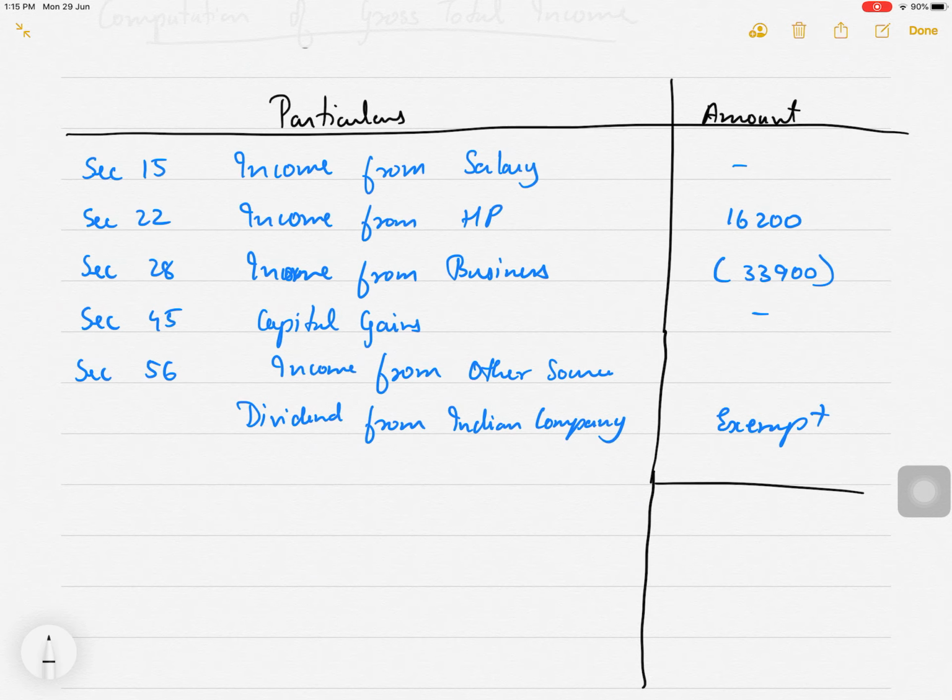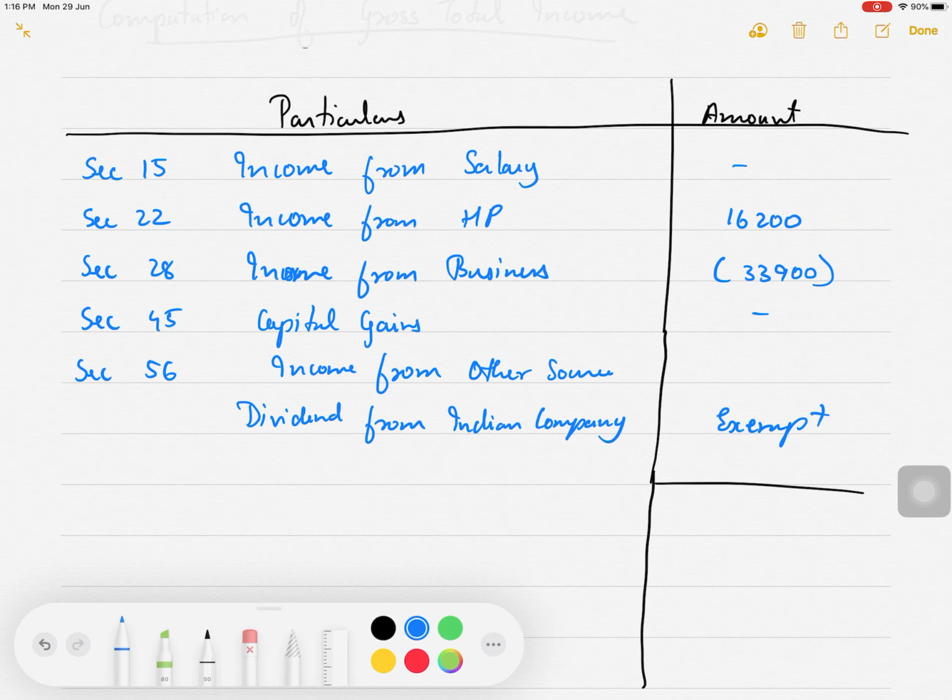Now, loss from business is 33,900 and income from house property is 16,200. Business loss can be set off against house property income, and this you will be learning in next semester. So 33,900 minus 16,200 is how much?